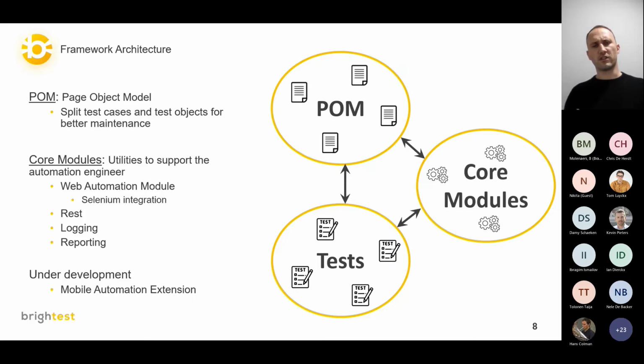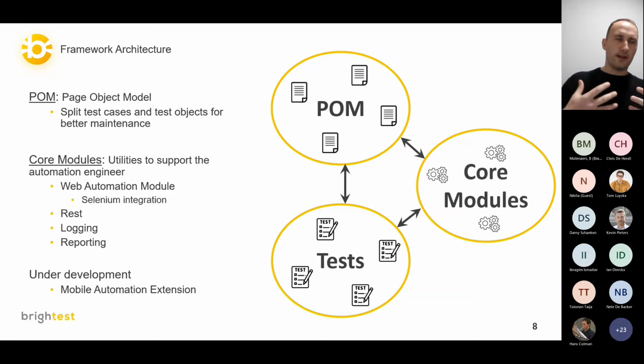These modules consist of a lot of features, like for example, reporting. We can report to TestRail, we can report to HTML. The REST module, you can automate all your APIs with it. It's a very nice and a very easy interface, so you don't have to concern yourself with all the details. You can just focus on the task itself. Same goes for the web automation module.